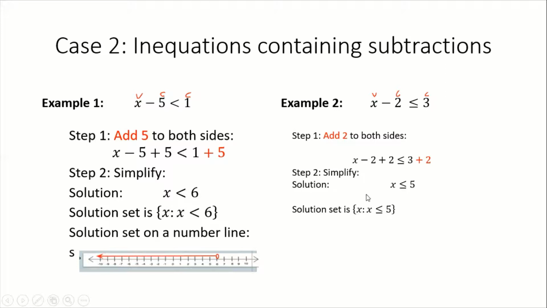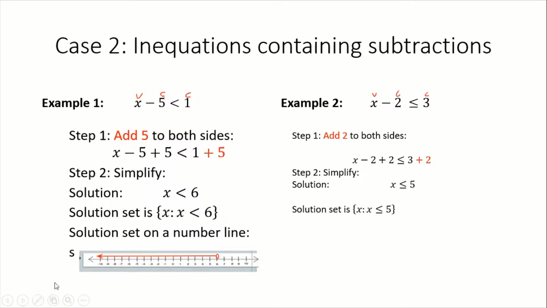And if you're asked to read it, it is the set of all x's, or all values of x, such that x is less than or equal to 5. Now, when you have a stroke underneath the symbol, it means that whatever number comes after the symbol is a part of the solution.